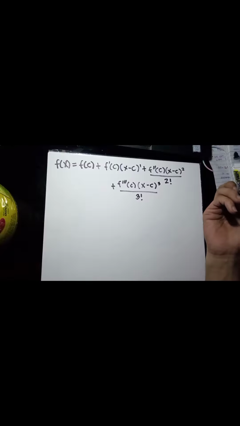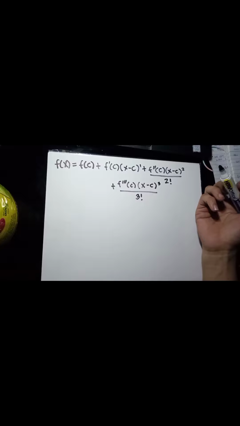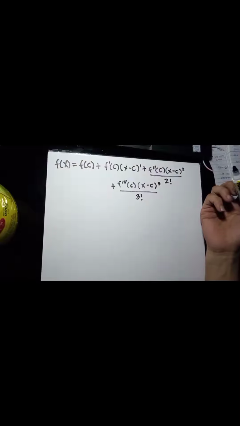So f of x is equal to f of c plus f prime of c times x minus c raised to 1, plus f double prime of c times x minus c raised to 2 over 2 factorial, plus f triple prime of c times x minus c raised to 3 over 3 factorial.